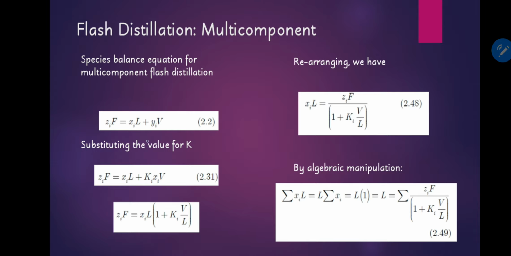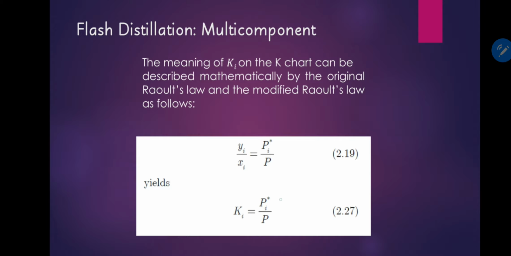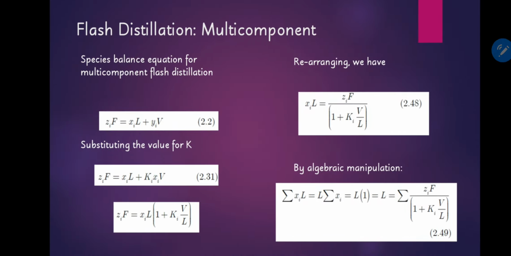Since Ki is Pi asterisk over P, and Ki can be expressed as Yi over Xi, therefore Yi is equal to KiXi. We now substitute it there.